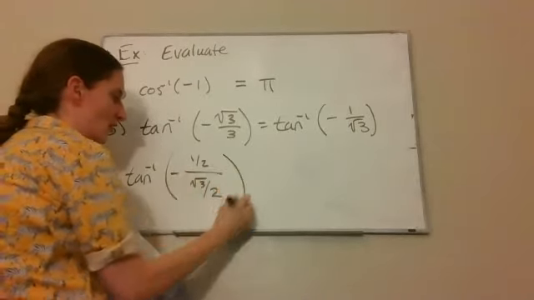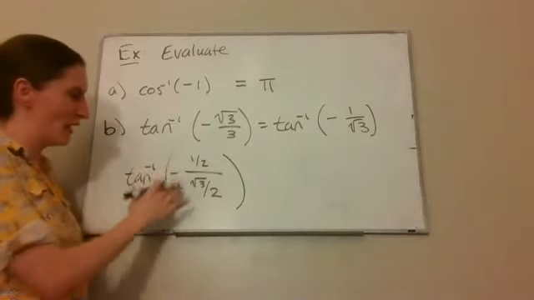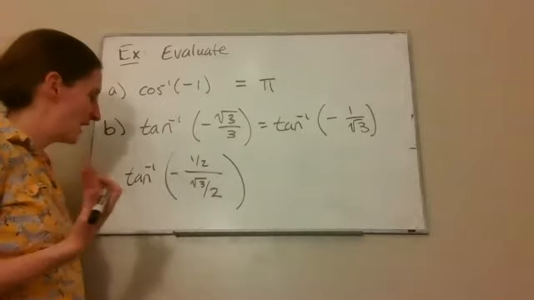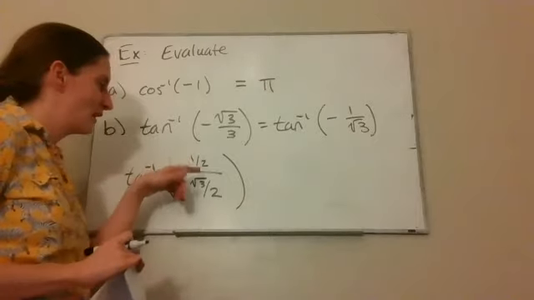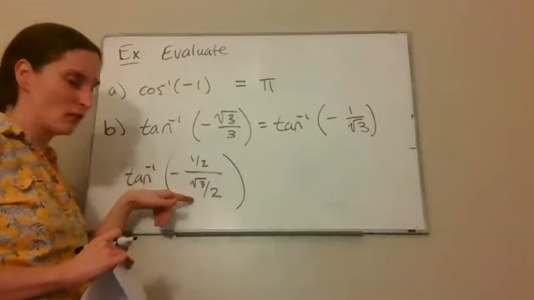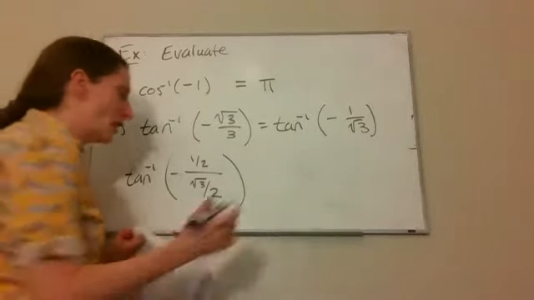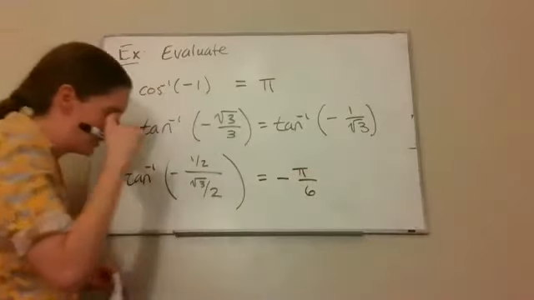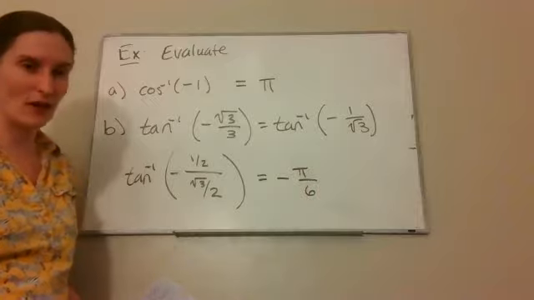Now, why in the world would I write it like that? Well, because I know 1/2 and square root of 3 over 2 are some of the values on my unit circle. I know tangent is sine over cosine. So I want a value that makes the sine 1/2 and the cosine square root of 3 over 2, and one of them has to be negative. And we want a pi over 6. And if I make it a negative pi over 6, that will get me the negative result there because my sine will be a negative value.